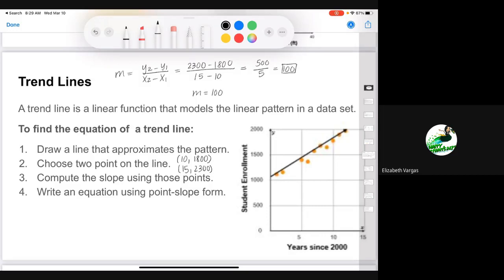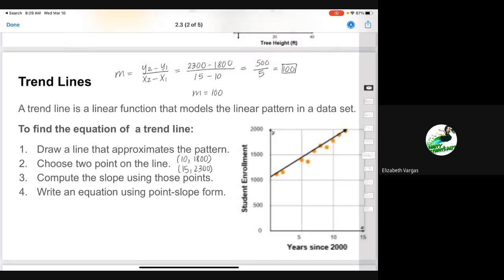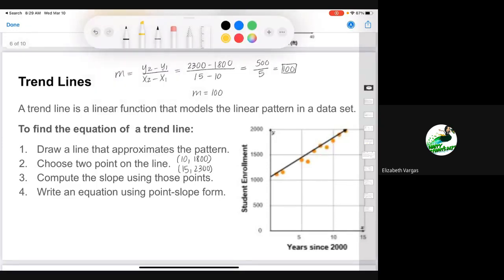Okay? Well, I'm not given any direct information here about my y-intercept. And so because of that, I want to use my point slope formula to find the equation of this trend line, this black line, right? And so my point slope formula is the equation that looks like this: y minus y1 equals m times x minus x1. Right? Okay, and so now I can go ahead and plug in.